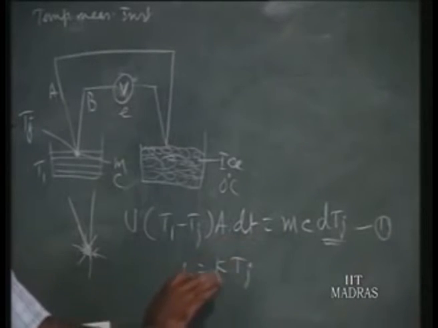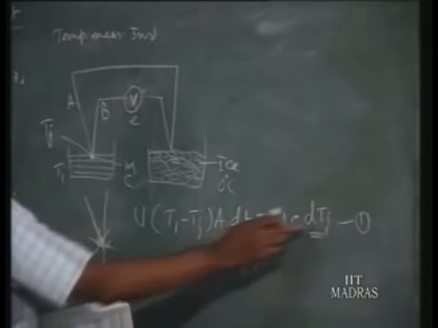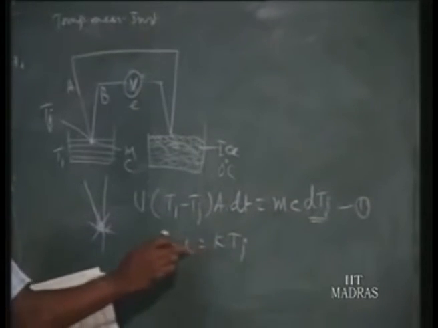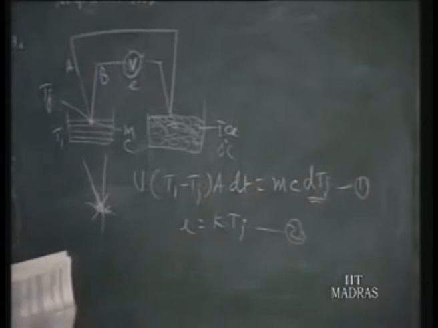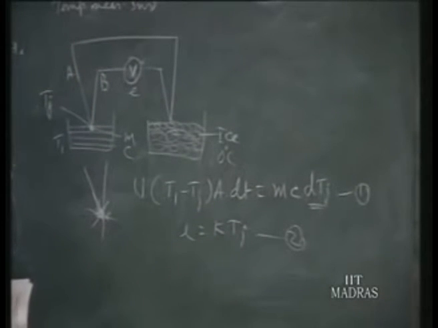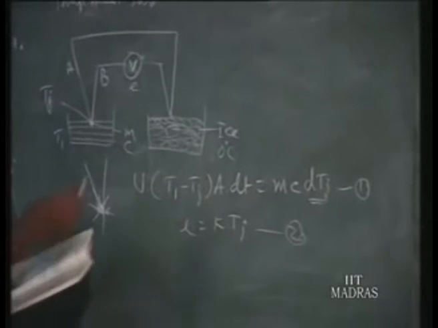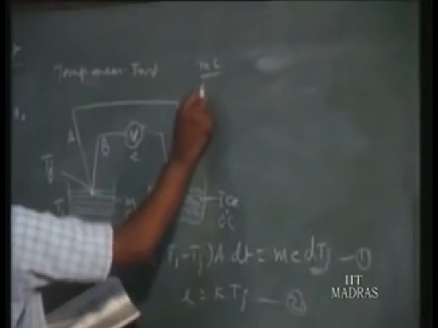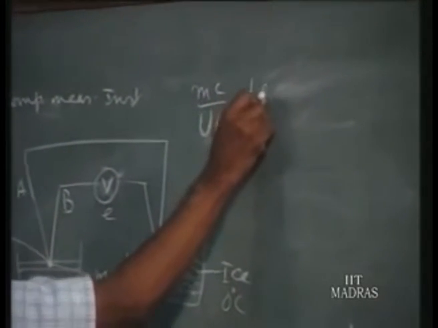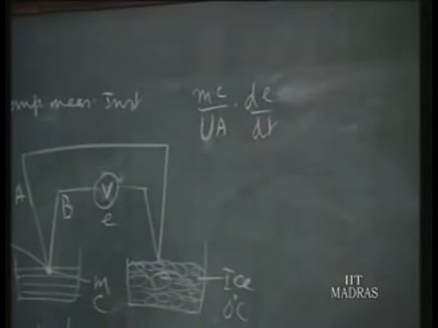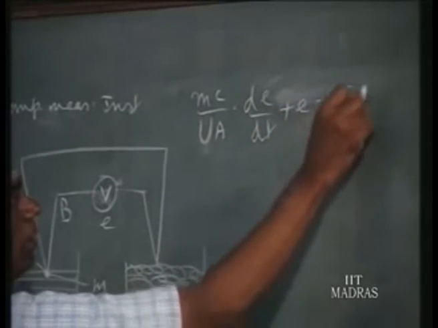Now convert Tj in terms of E, the voltage: dTj is equal to dE by K. Substitute for Tj from equation 2, and rewriting the equation, you can derive the final equation in the following form: mc by UA into dE by dt plus E is equal to T1 times K.